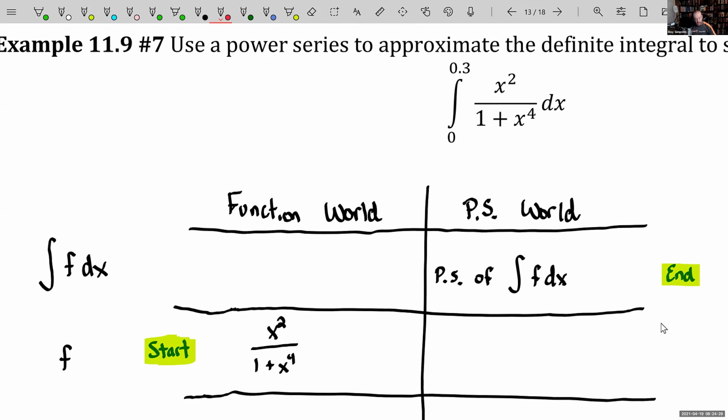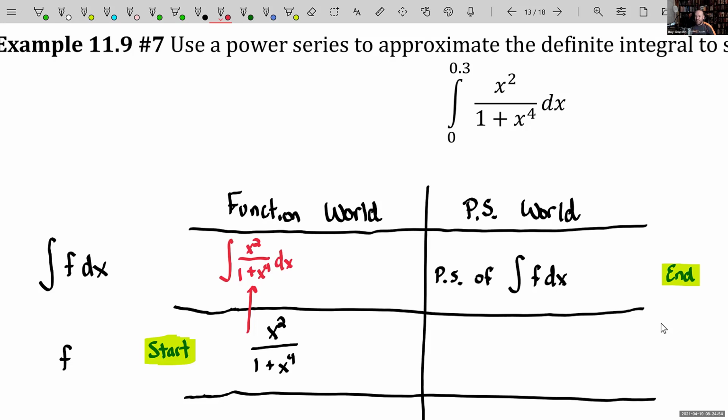And in the end, because we now know how to integrate things, let me just write the integral of x squared over 1 plus x to the 4th dx. It's supposed to be a 1. If you try to integrate that, you have some substitution techniques.